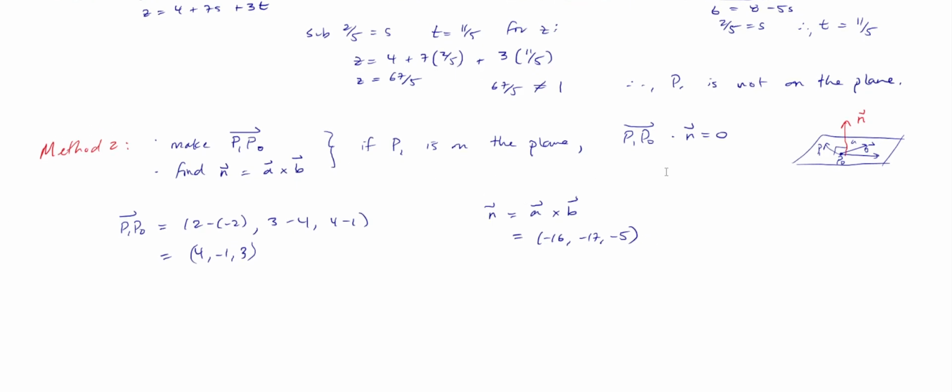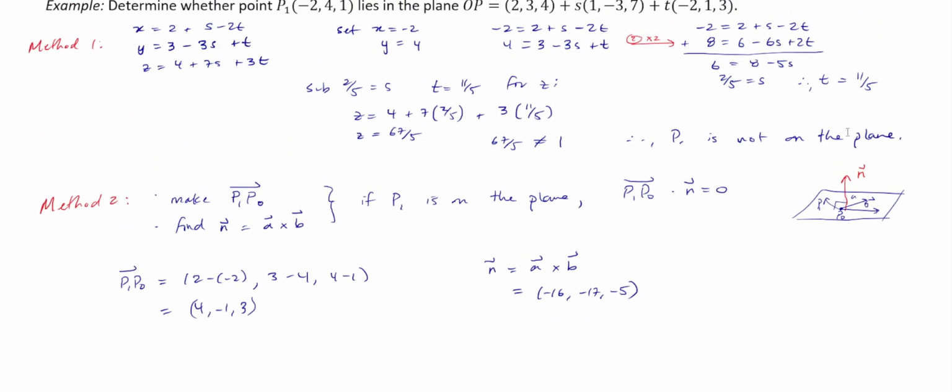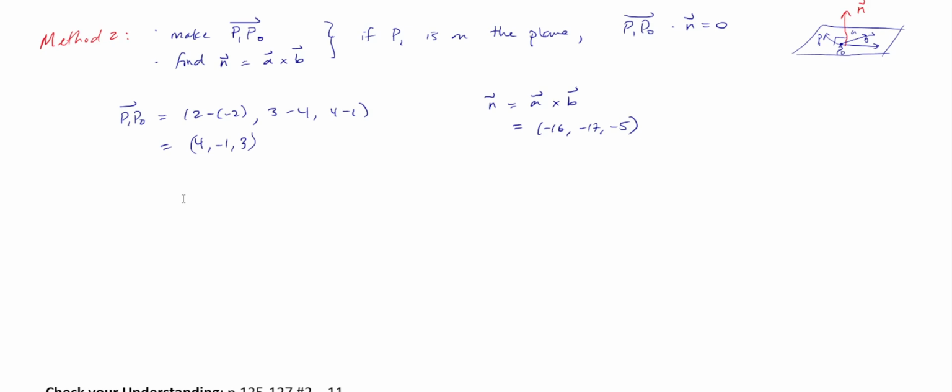Okay, so again, if P1 is in the plane, then the dot product of P1P0 and n should be equal to 0. We've already evaluated that P1 is not in the plane, so we should expect this to not equal 0, but let's see what happens anyway. By the way, this is called the triple scalar product, right?